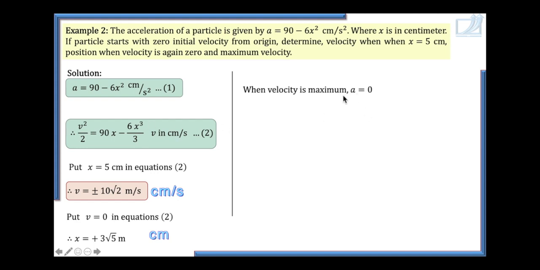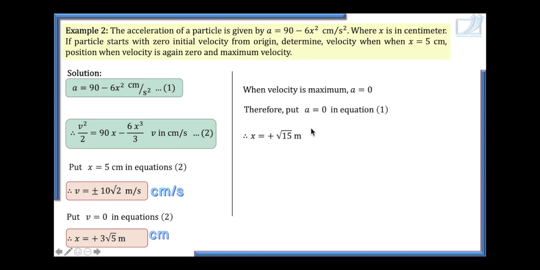So put that acceleration 0 in the equations of motion. Now acceleration is involved in equation 1. So put acceleration as 0 in equation 1 and you will get x is equal to, now listen, when you put a equal to 0 and you continue with the calculation, you get the value of x squared and then root of x squared, you will get plus minus root 15.